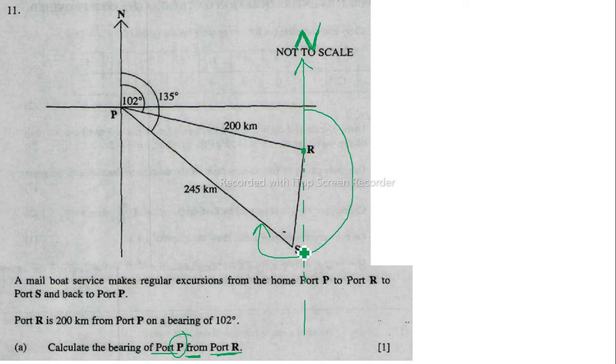Because I'm thinking about a circle. And on top of it, it says from port R is 200 km, so I'm thinking about going round.